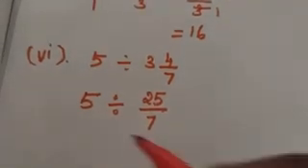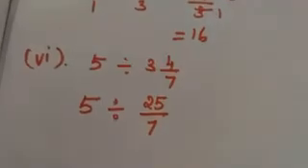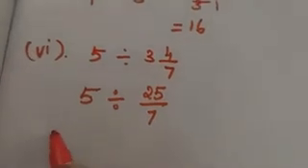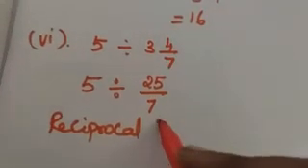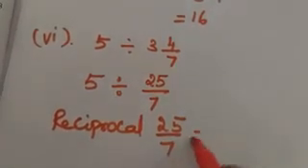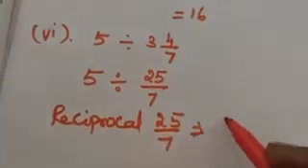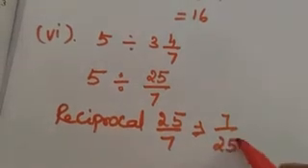What is the next step when division? Yes, you have to find the reciprocal of 25 by 7, which is 7 upon 25.